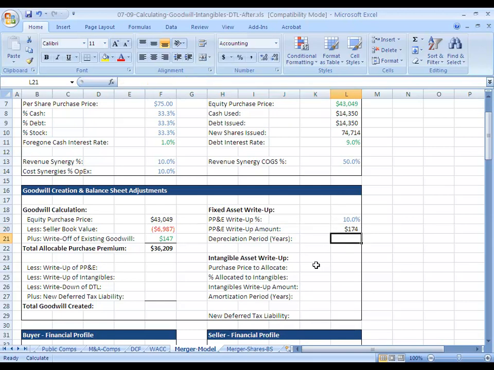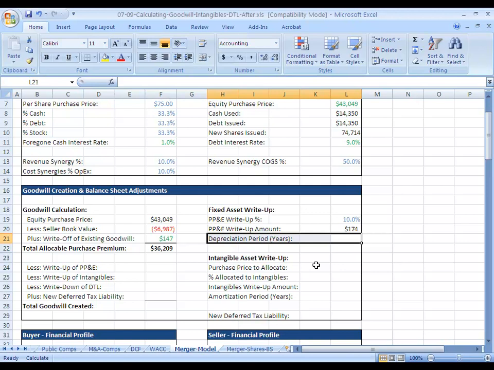Now for the depreciation period here, remember that PP&E always carries with it depreciation. That's why it's PP&E, because it lasts over many years as opposed to just under 1 year, as with current assets, for example. So we need to assume a depreciation period on this. Now, if we were being more rigorous, we would go into their filings, or we would get information from the company themselves and figure out what the depreciation period is based on that.